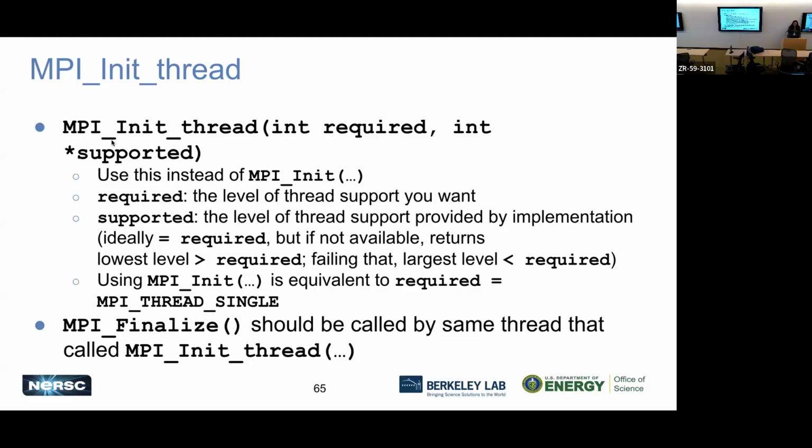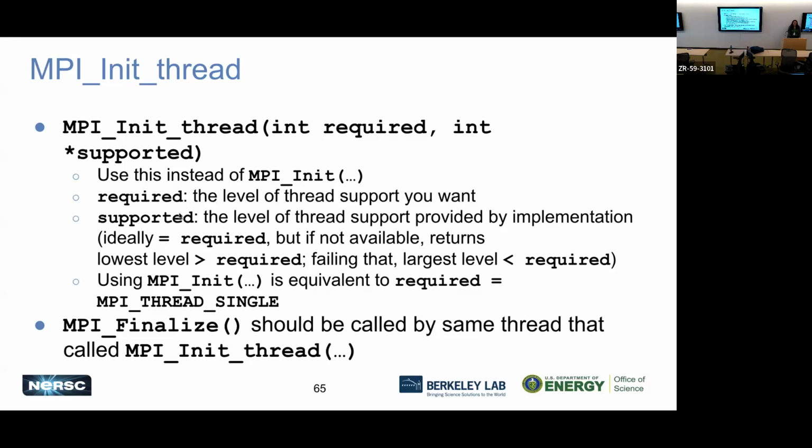And then this is what it's going to give you back. What it gives you back ideally is going to be what you ask for. But if it's not available, it's going to return the lowest level greater than required. And if it can't give you that, then it's going to give you the largest level less than required.